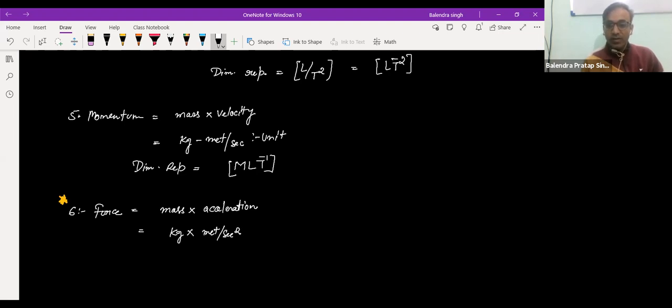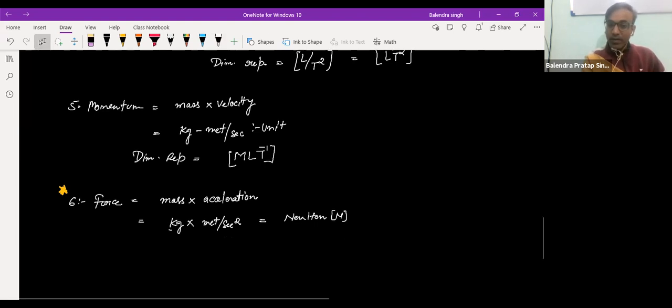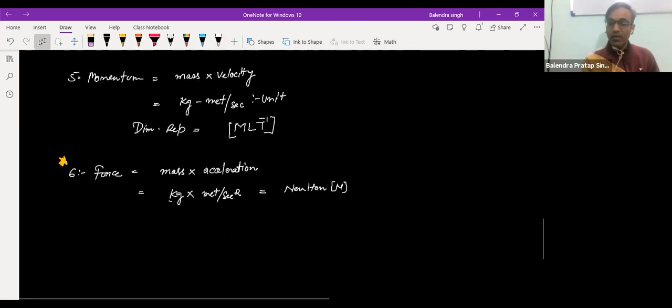So this is the SI unit, and we define this kilogram meter per second square as Newton, capital N. So you can say kilogram meter per second square or Newton.